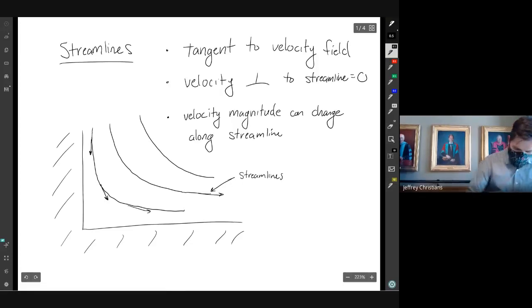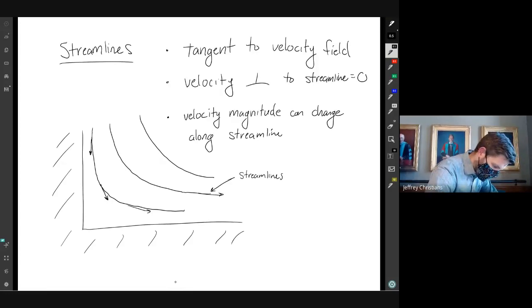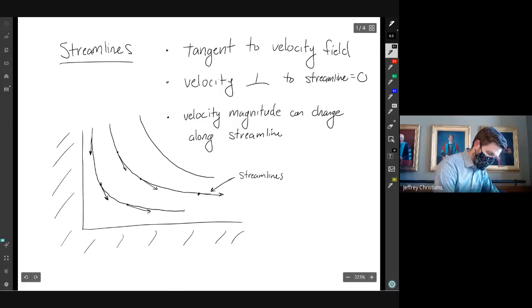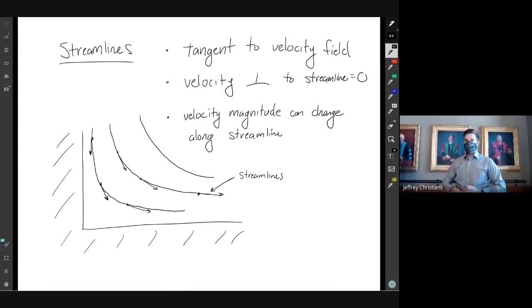And we could draw velocity vectors at any point on this, and at any point they're going to be tangent to that streamline. So rather than trying to draw the velocity vector, you can see it gives you a visual picture of where the flow is going.